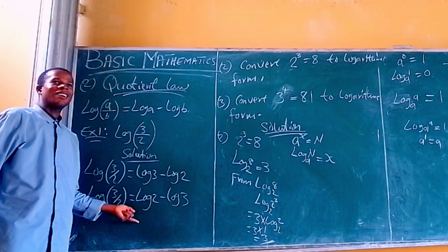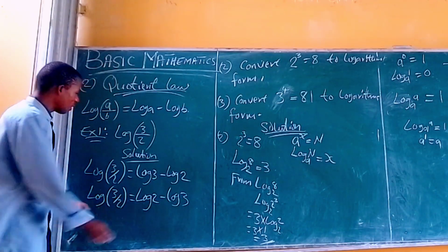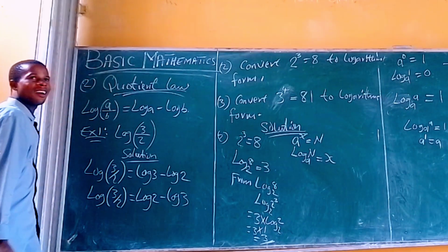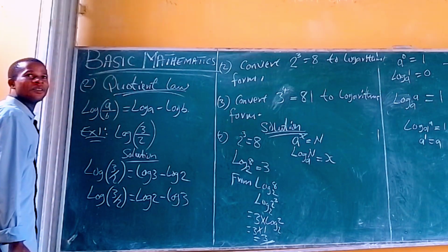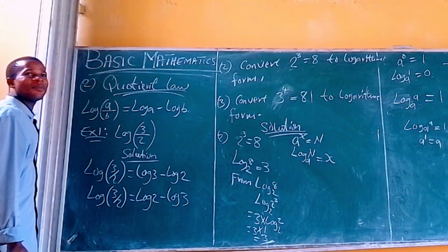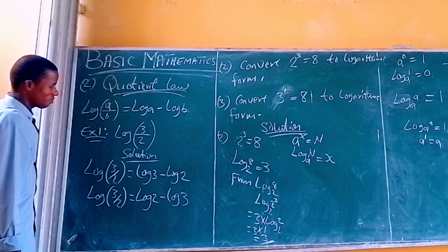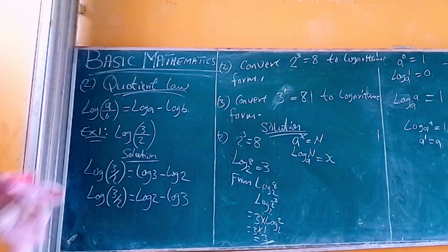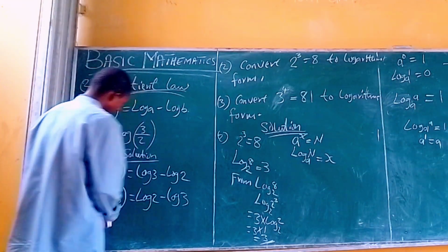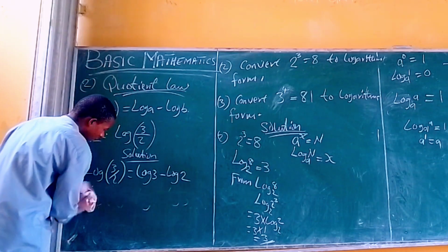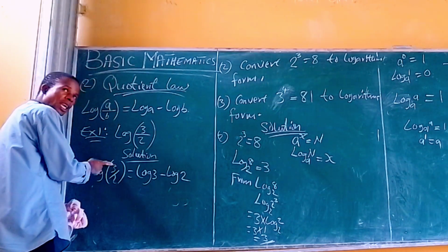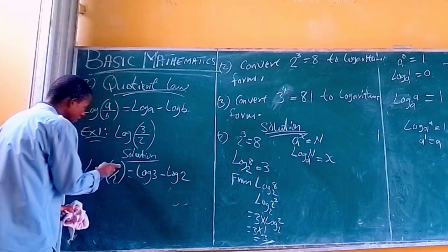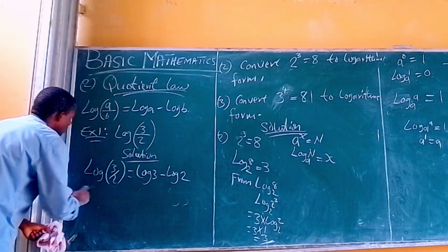Let me explain it. We start from the top one, the numerator before the denominator. So this is not accepted. We start from the first one. This is our A, this is our B. So the A must be subtracted by the B.